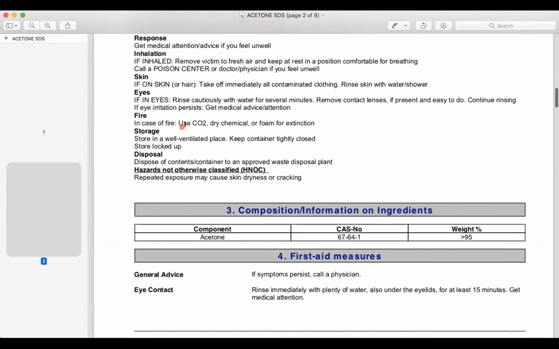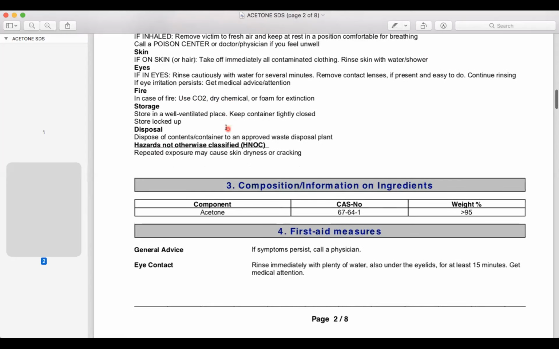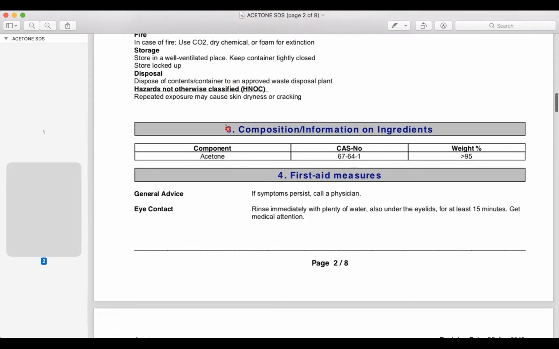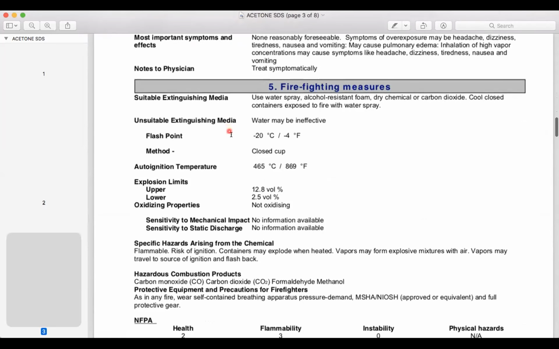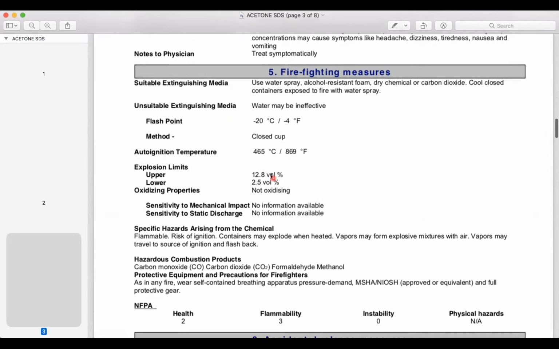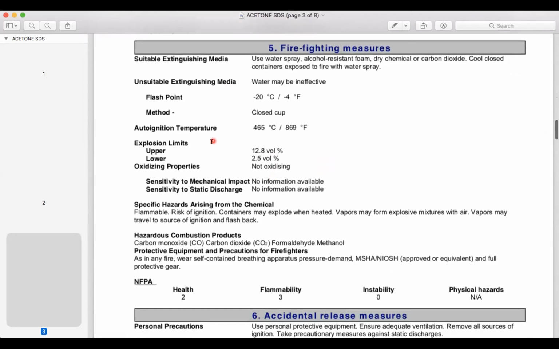In case of fire, CO2 or dry chemicals, probably try and not work with water. It tends to spread the fire. And again, first aid measures, firefighting measures, including information like auto ignition temperatures and flash point. And again, here's our upper and lower explosion limits. So again, here's where it's going to be flammable.